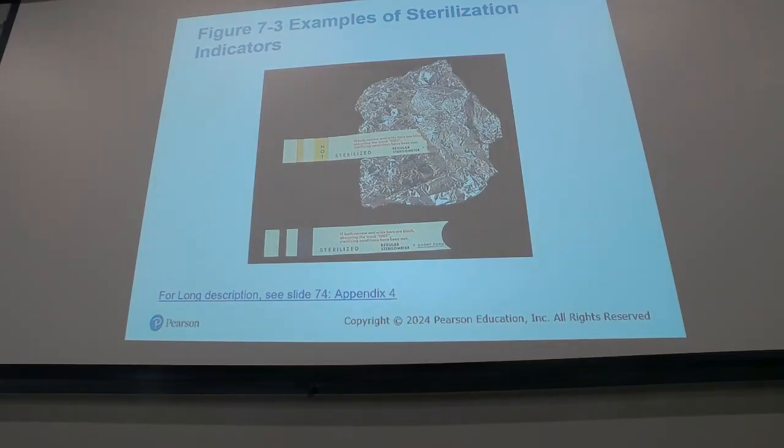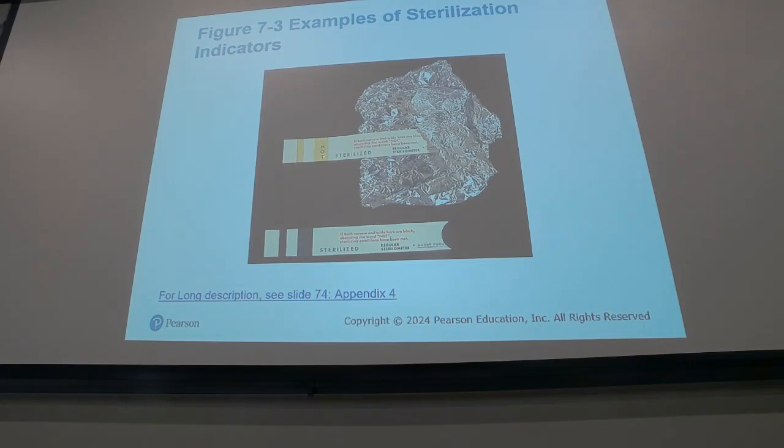Here is an example of a strip, an indicator for sterilization. They introduced these 2 strips into the autoclave. This one was protected completely by aluminum foil, put in a way that no steam went through. In this case, they put it outside of a foil, unprotected, meaning the steam reached it.